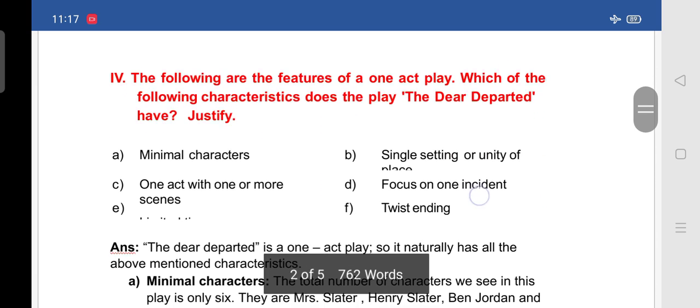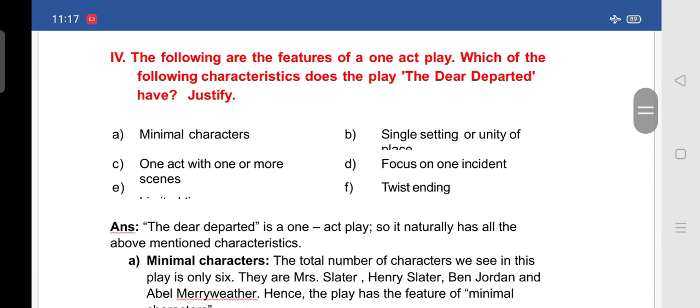If you see in your textbook, in comprehension itself, Roman number 4, the following are the features of a one act play. Which of the following characteristics does the play The Dear Departed have? Justify.